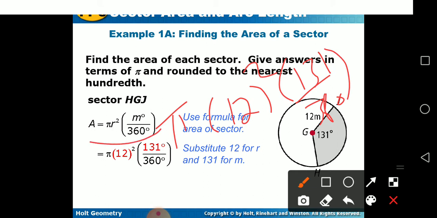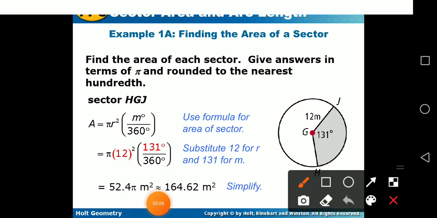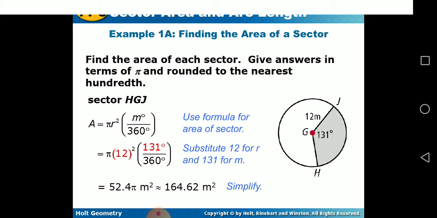But remember the rule very well. I'm going to answer in terms of pi. So pi is the same, 12 squared times 131 over 360. By using the calculators, we're going to find the answer. Remember to round it to the nearest hundredth.